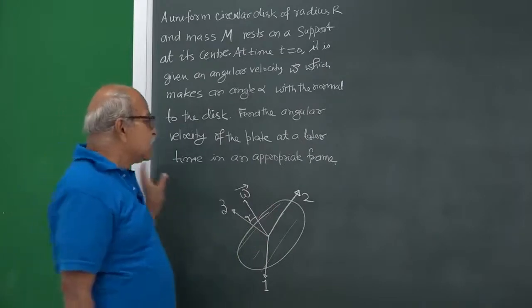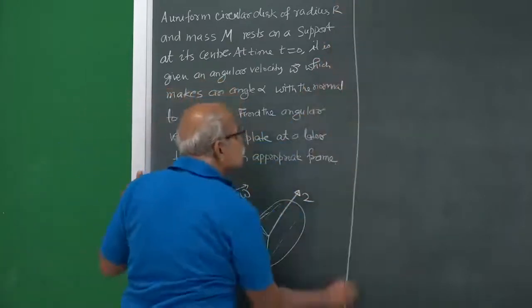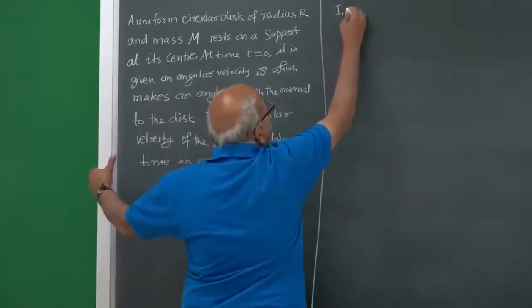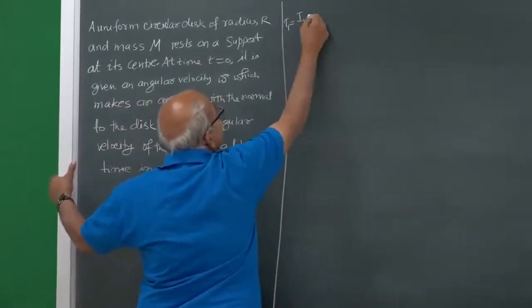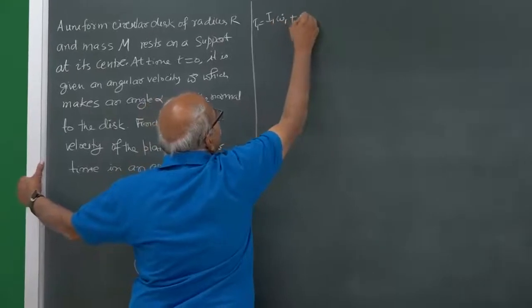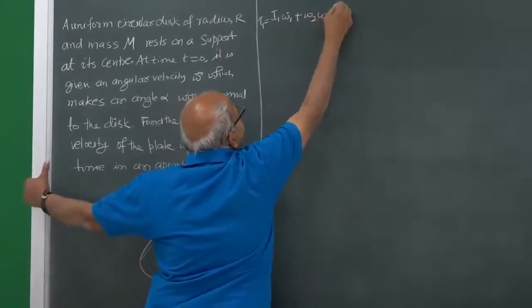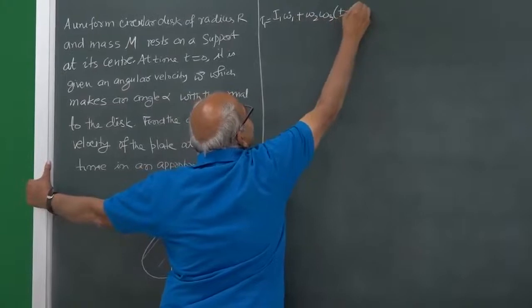And if I write Euler's equations, remember tau 1 is equal to I1 omega 1 dot plus omega 2 omega 3 times I3 minus I2.